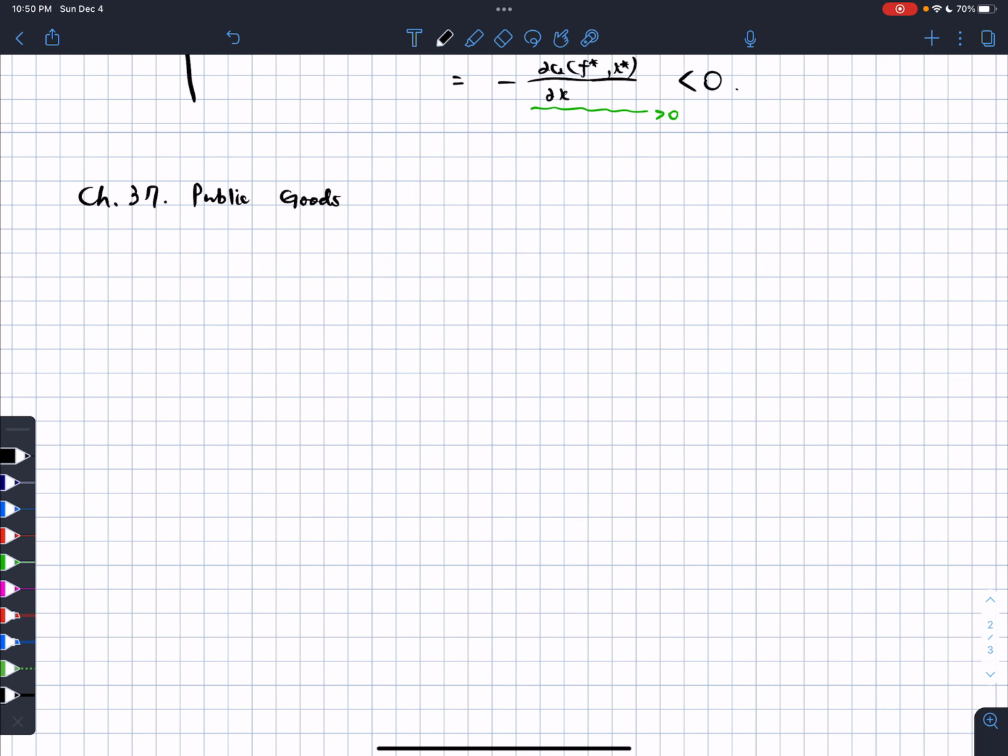First of all, the purpose of this chapter is to introduce you to the key features of public goods and see how individuals' consumption would be affected in the presence of public goods.